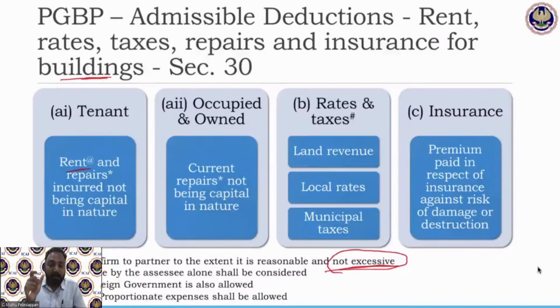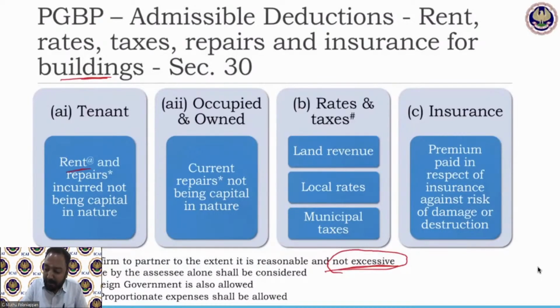That is, whatever is supposed to be paid in that area, only that rental should be paid. Anything excessive will not be allowed. Whatever is the reasonable rent of that locality is what could be called a fair, reasonable rent. So only that rental is allowed.